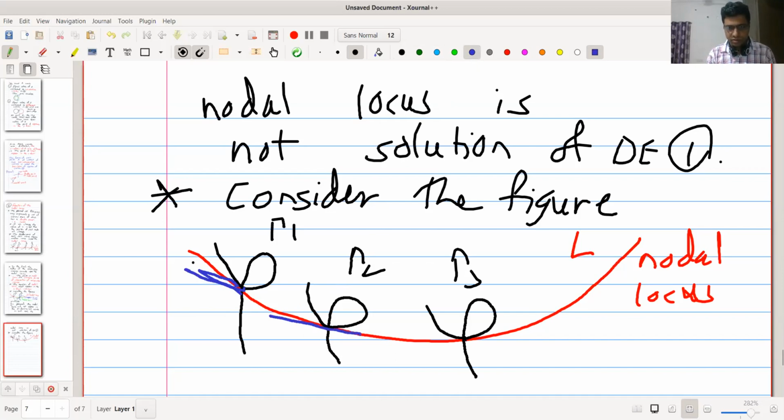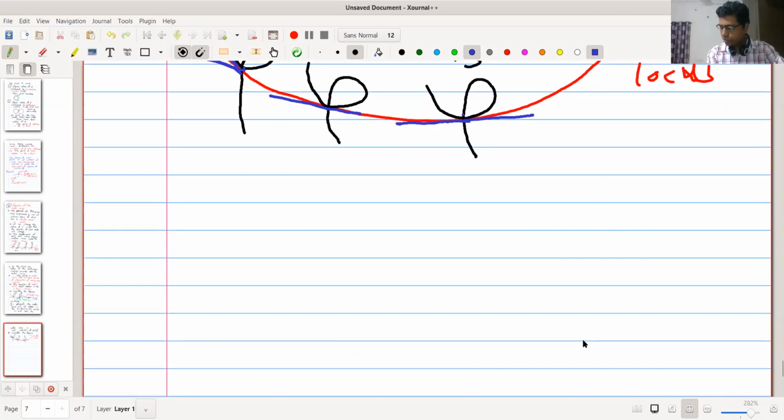So this tangent is to solution curve as well as the curve L, which is nodal locus at this point. Of course there is another tangent to solution curve, but at least one value matches. So in this case the nodal locus is solution also.